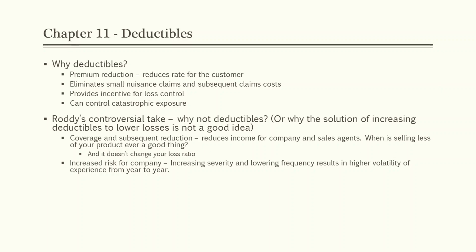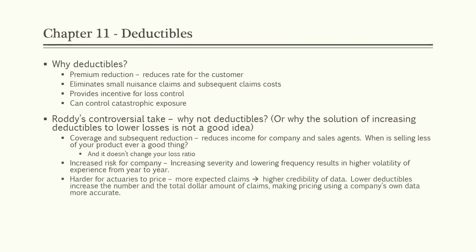But increasing your severity and lowering your frequency results in higher volatility of experience because you're getting rid of that larger amount of smaller claims that helps your variance. So you will have to charge more for profit provision and thus become less competitive on your prices. And then your risk becomes a lot harder to price.